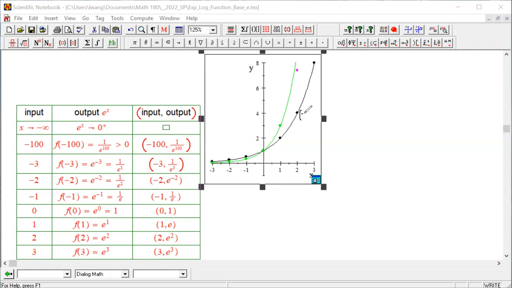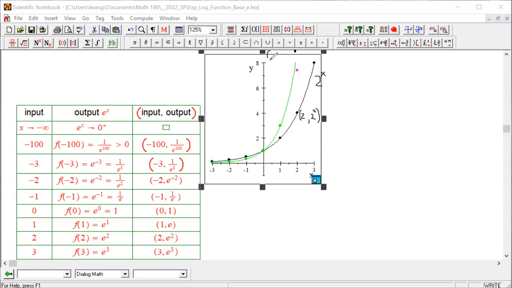So this is 2 and 2 squared. Input is 2, output is 2 squared, which is 4. That's from 2 to the power x. For the green, when input is 2, the output is way up there.